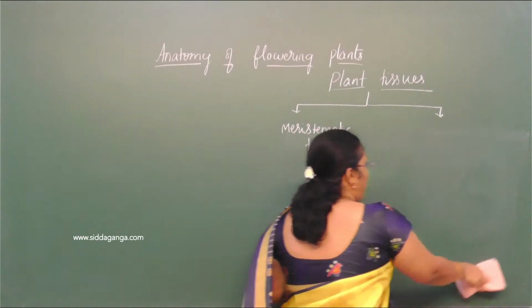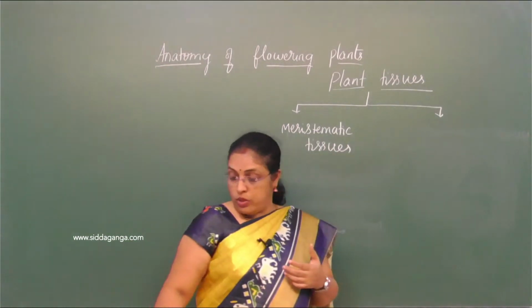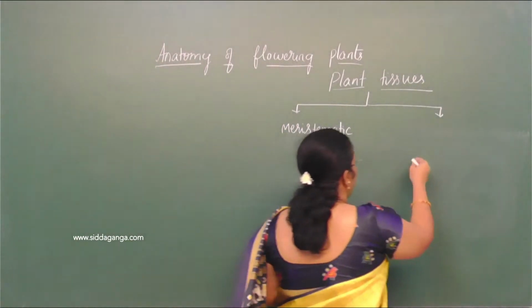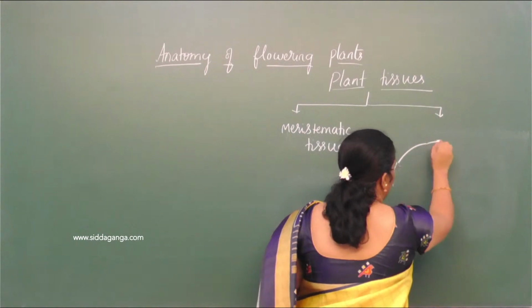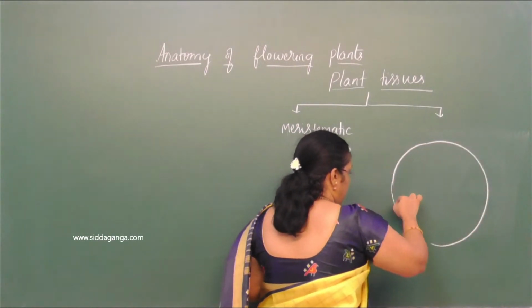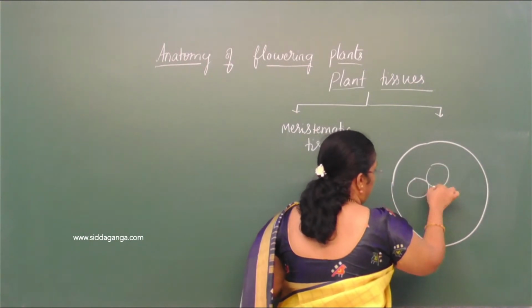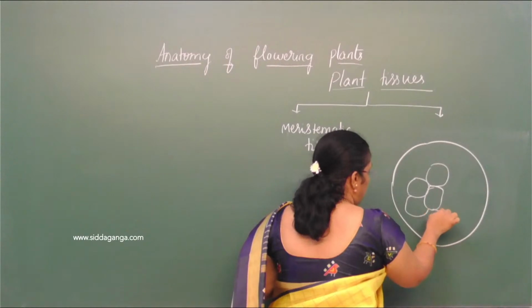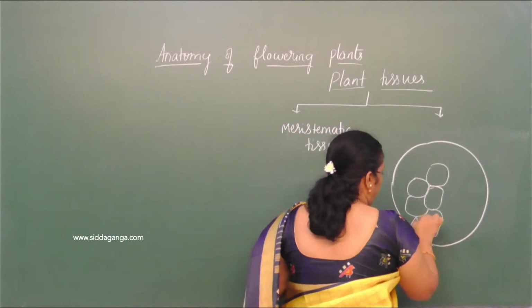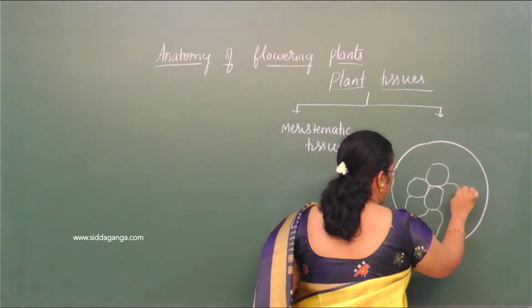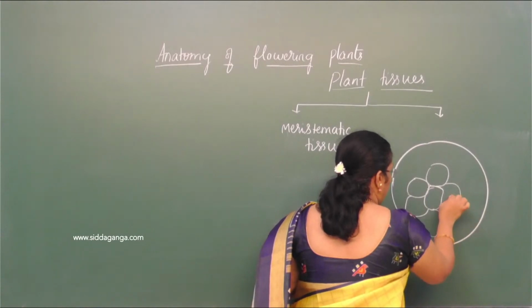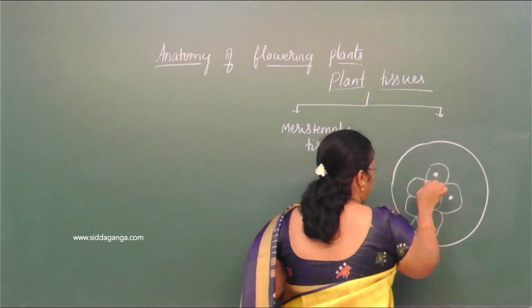Some salient features of meristematic tissues. We see the absence of intercellular spaces, cells are closely packed with a prominent nucleus.